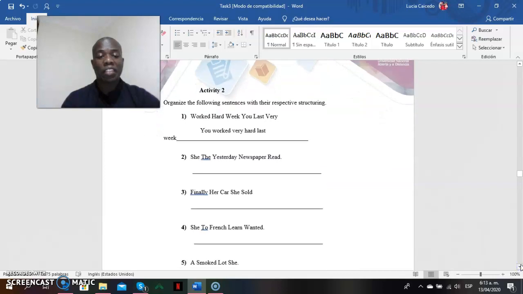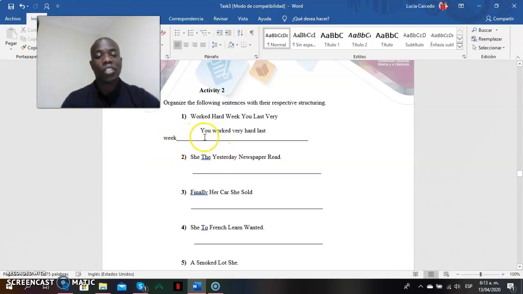This is activity 2. Organize the following sentences with the respective structure. For example, in number one, the student needs to organize these words: you worked very hard last week.